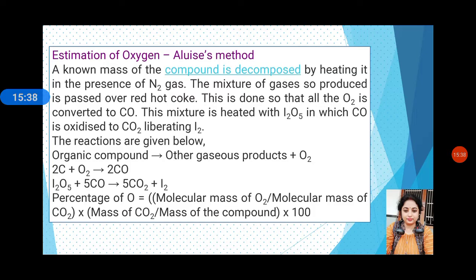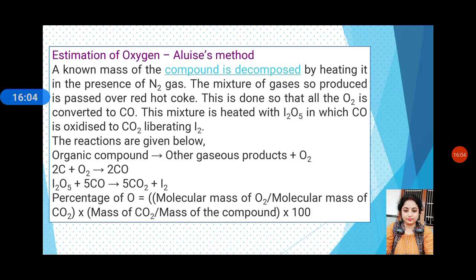Next is estimation of oxygen. The last estimation is estimation of oxygen. The method we perform here is known as Aloy's method. Usually the percentage of oxygen in an organic compound is not determined experimentally.